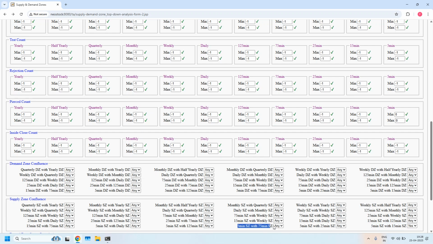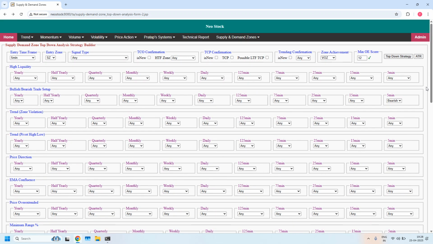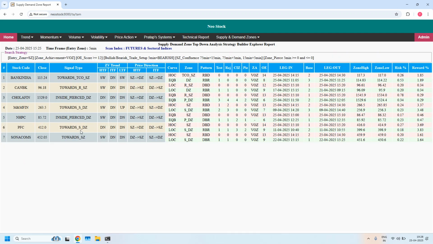Next, 5 minute supply zone with 75 minute supply zone confluence. Then 15 minute supply zone with 75 minute supply zone confluence. With all the 3 filters, LTF, ITF, HTF supply zone confluence, we got 7 stocks.